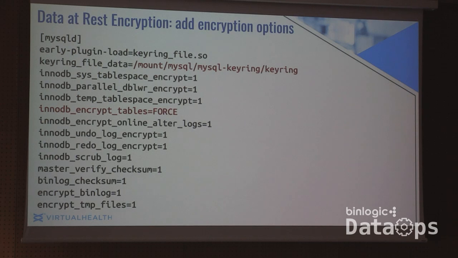Potentially we can put it on some mount, and after MySQL has started, we can unmount it, so the key is secure. But a better implementation will probably be using some key management system like AWS or something else. I'll talk about that in a second.